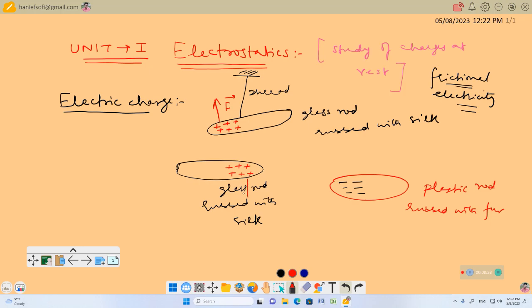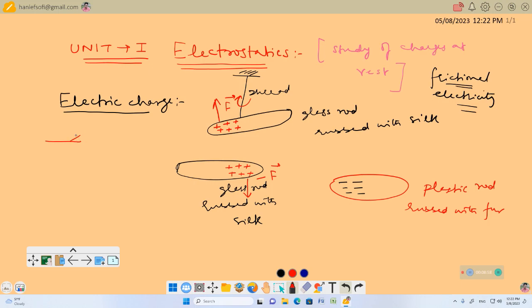We draw it here and name it minus F. By minus I mean the magnitude of these forces is equal but the direction is opposite. The two glass rods rubbed with silk repel each other, and because of this force this rod may rotate about an axis, right? And if you bring a plastic rod, there will be a different situation.